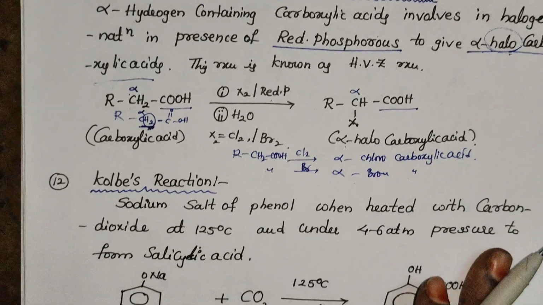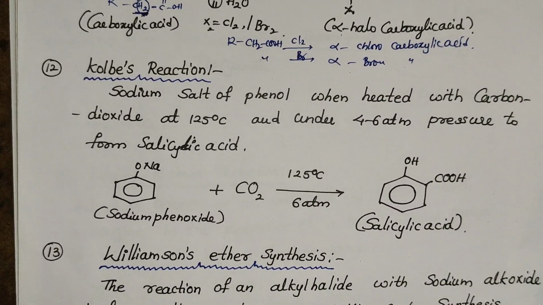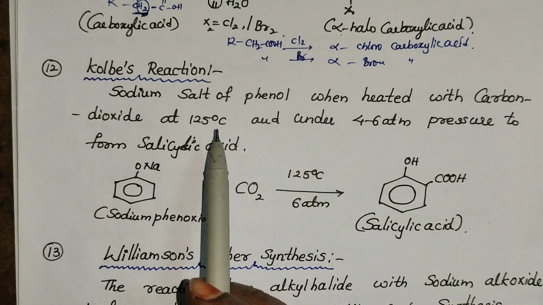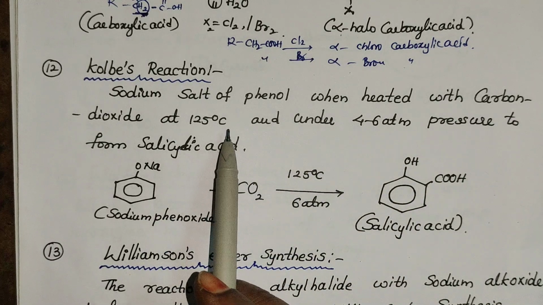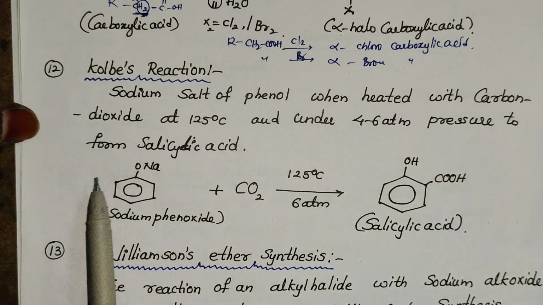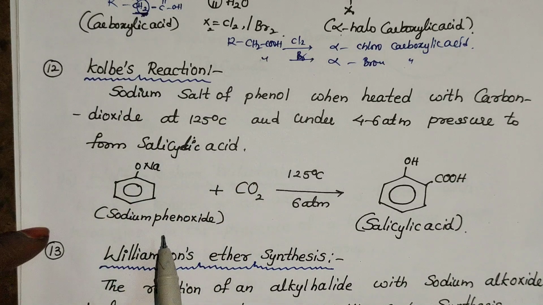The next important reaction is the Kolbe reaction. Sodium salt of phenol, when heated with carbon dioxide at 125 degrees Celsius under 4 to 6 atmosphere pressure, forms salicylic acid. This is known as the Kolbe reaction. Look at this.